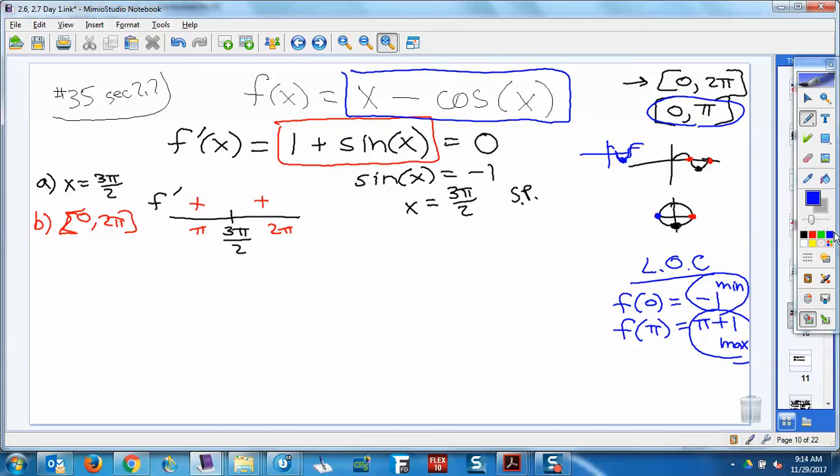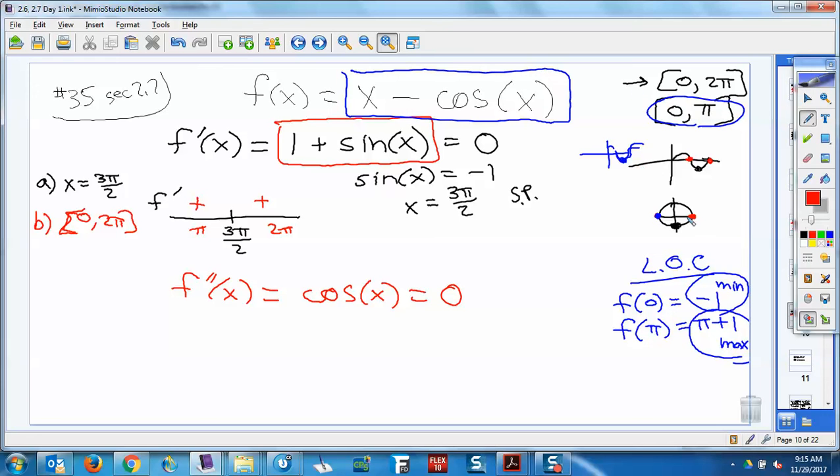What do we need to get concave down? Need f double prime. So let's do the derivative of 1 plus sine x. What's the derivative of 1? 0. What's the derivative of sine? Just cosine, right? So we need to know where is cosine 0. Now, again, we're back in the interval 0 to 2 pi.